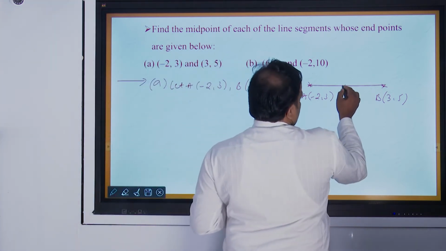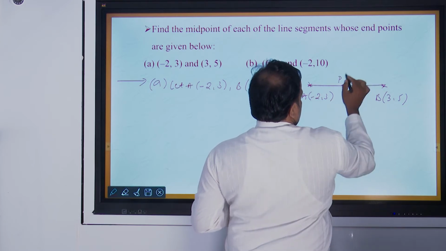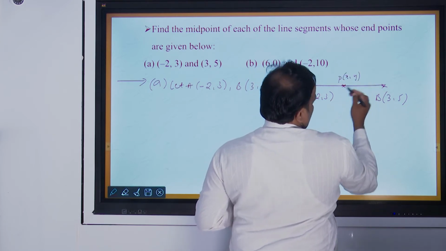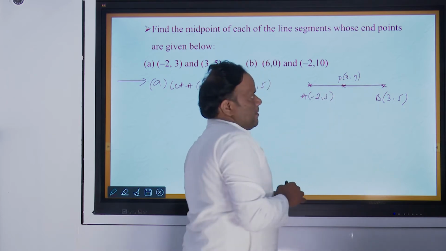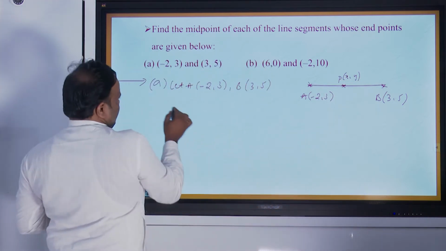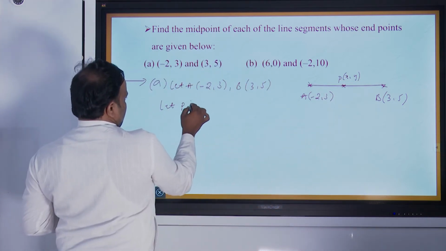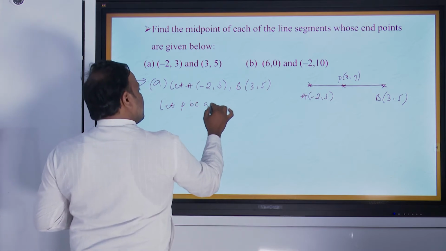So take point P as (x, y). We don't know the value of x and y, and you have to find them. Let P be the midpoint of AB, from the figure.